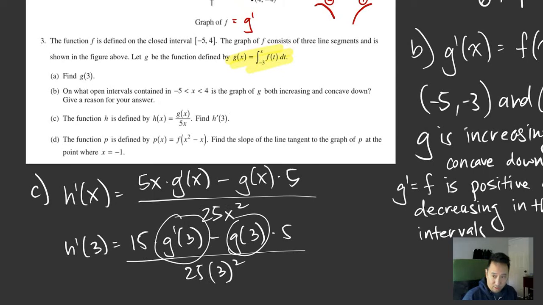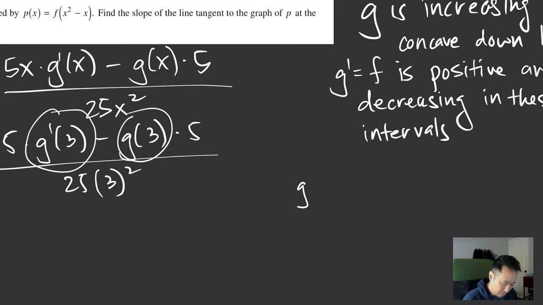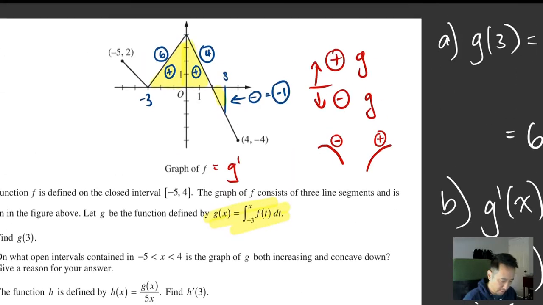at 3, right? Now, a little side note here: remember, g prime is just f of x, so g prime of 3 is essentially just f of 3, the value of f of 3 on my graph, right? So if I look at my graph, let's see, f of 3, let me go to my graph here.